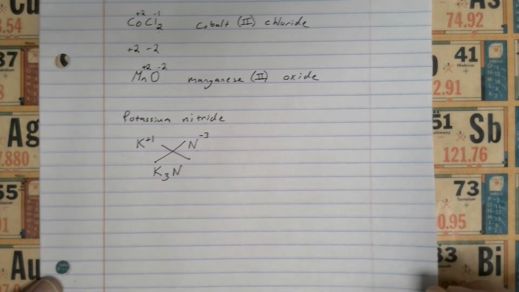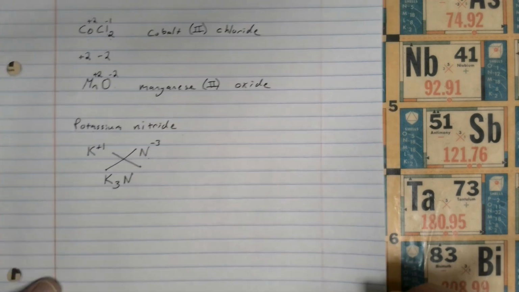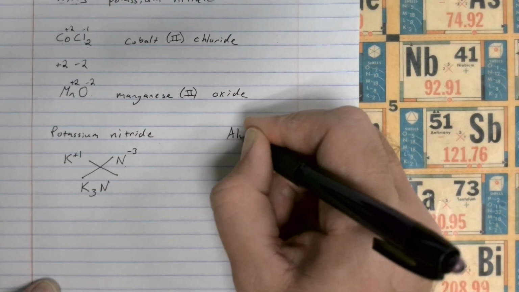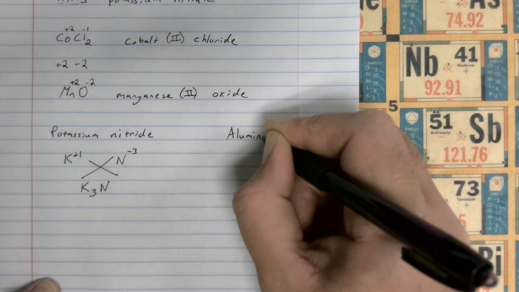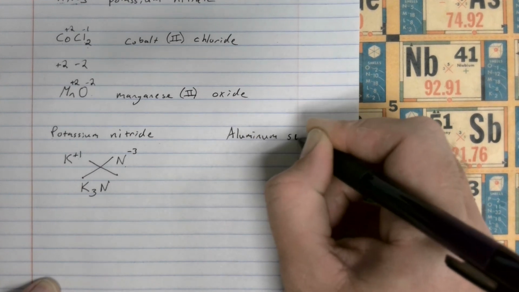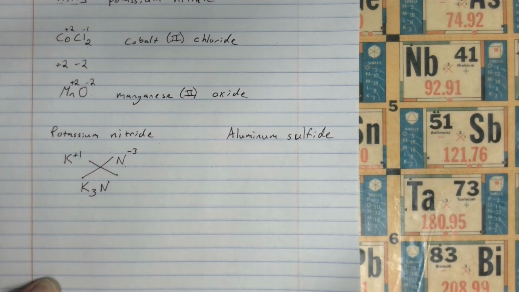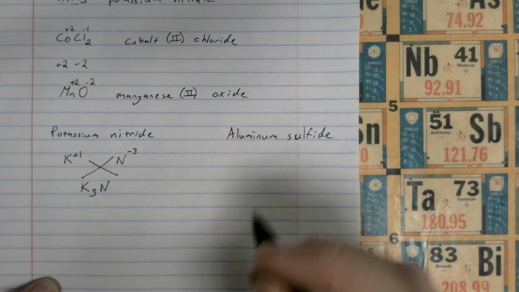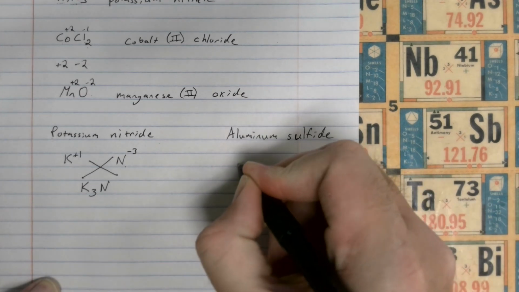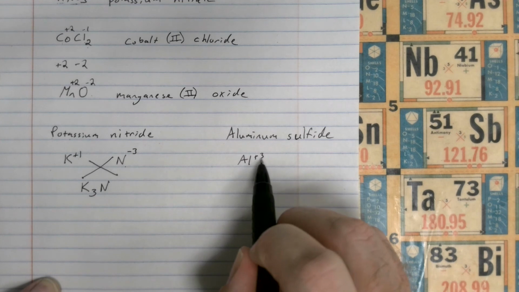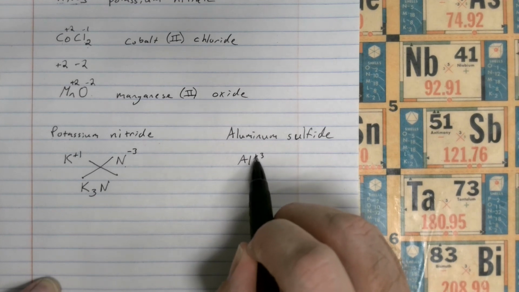Okay, let's do one more, aluminum sulfide. So that's the next one on your paper. Actually, we'll do 2 more because I want to do a transition metal one. So aluminum sulfide, we have Al +3. How do I know that? Again, that's from the periodic table. It's group 13.